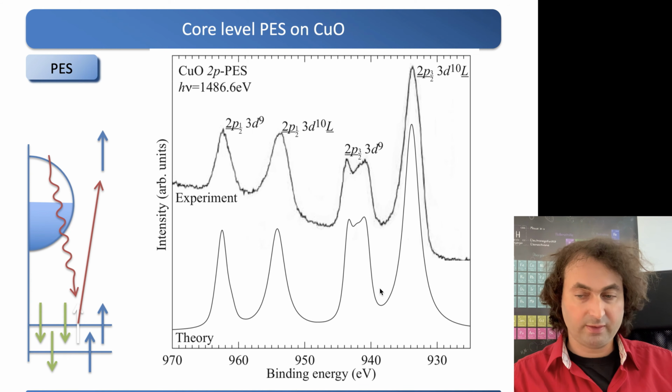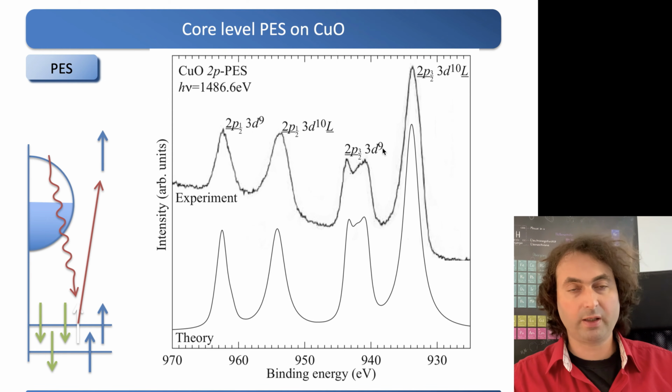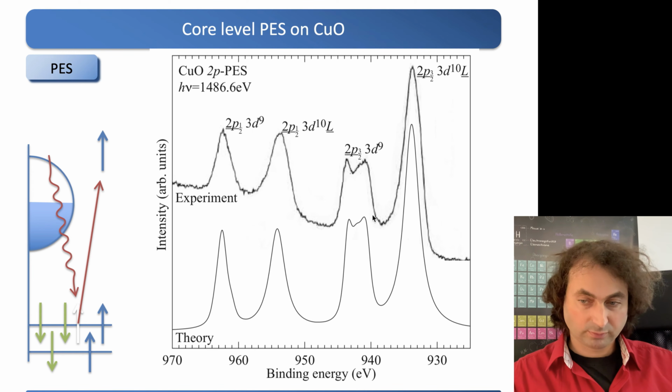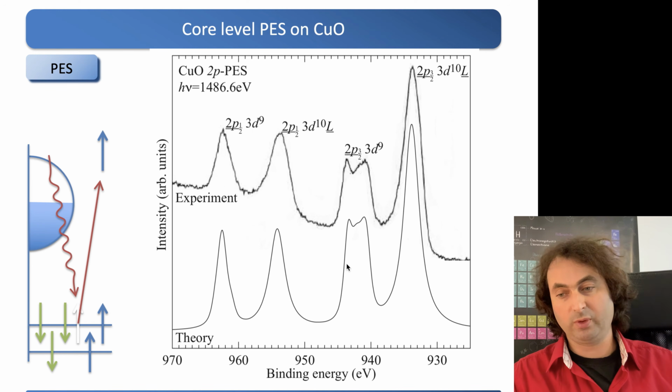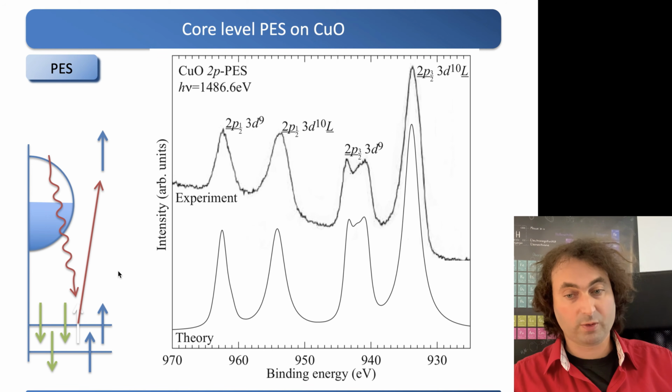If you just look at the integrated intensity here and the integrated intensity there, that tells you how much d10 ligand hole and d9 contributions you have to the ground state. But if you just look at the spectra, then you can also see that when you calculate those, you get reasonable agreement based on these ligand field theory calculations.